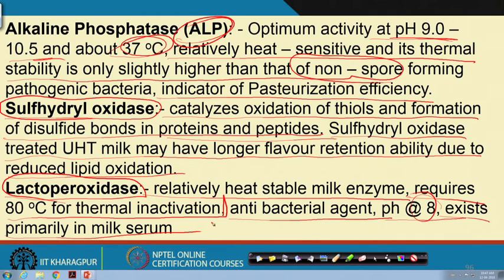So, it is more heat stable, it is deactivated around 80° centigrade. So, high temperature it can withstand, right. That is why it is in UHT also.